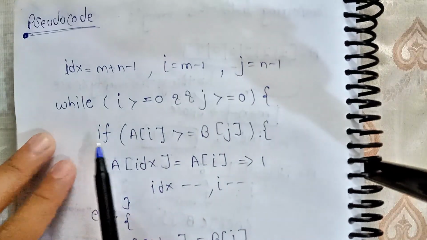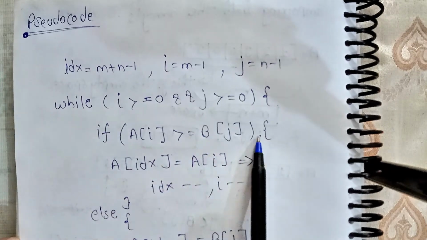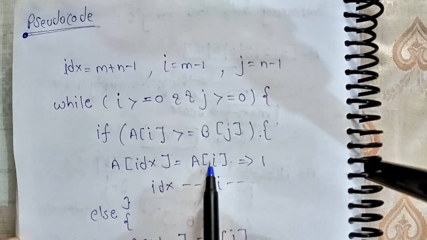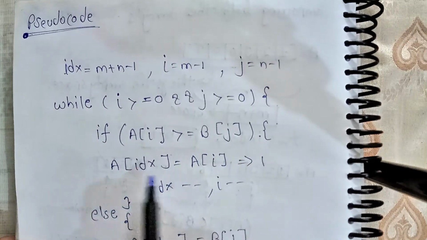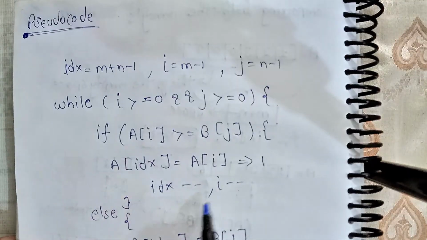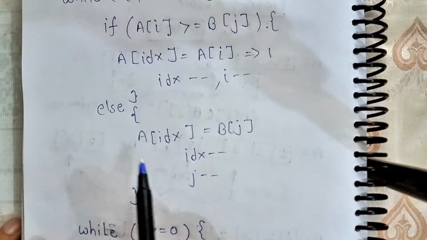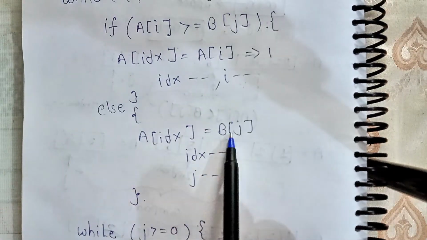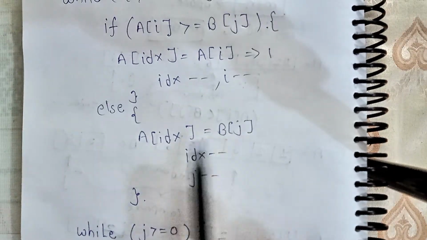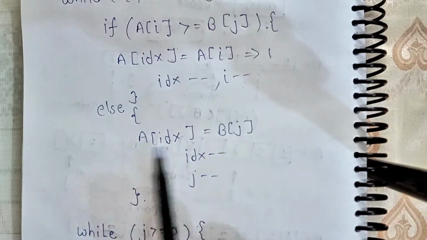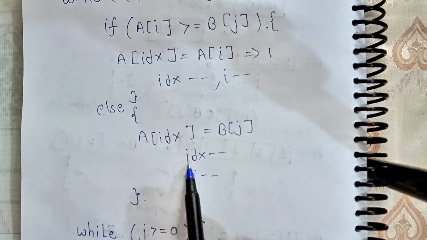If A of i is greater than B of j, we store the value of A of i into A of index, and we decrement index and i. In the else part, we store the value of B of j in the place of A of index, and we decrement index and j.